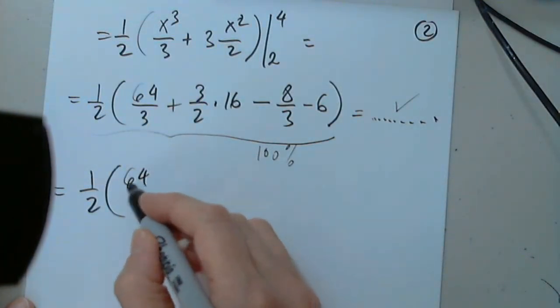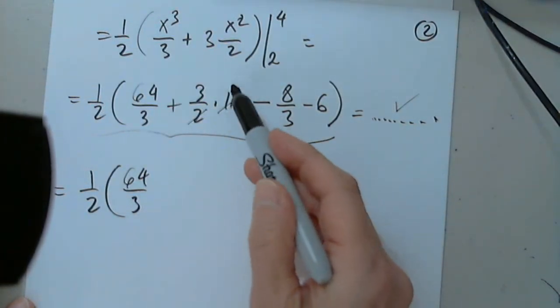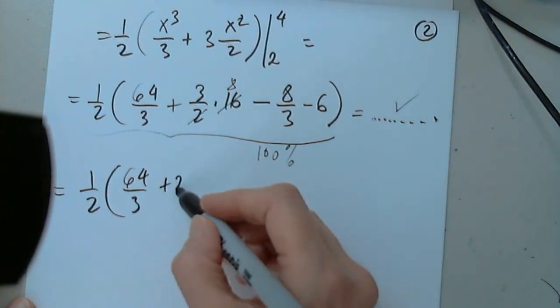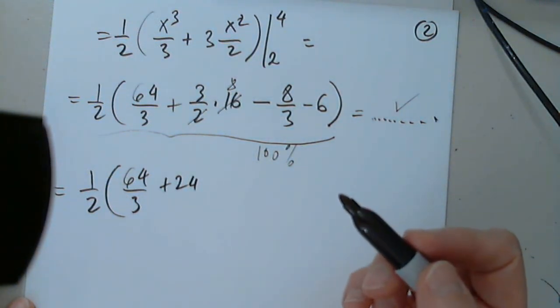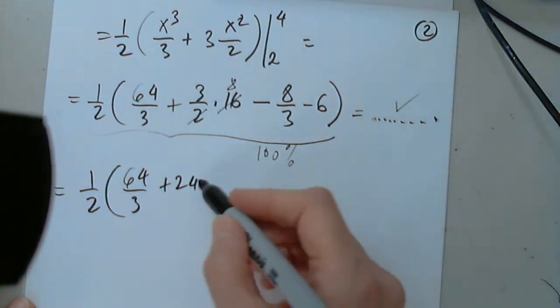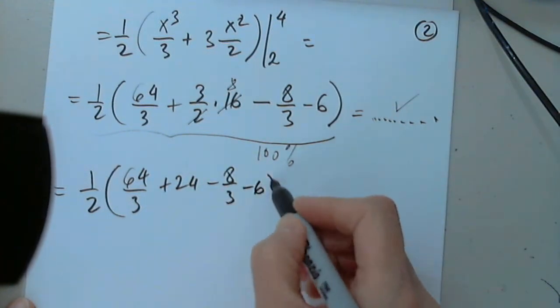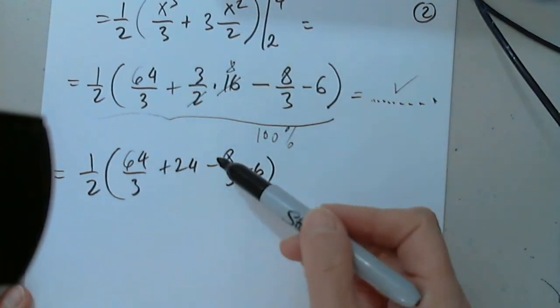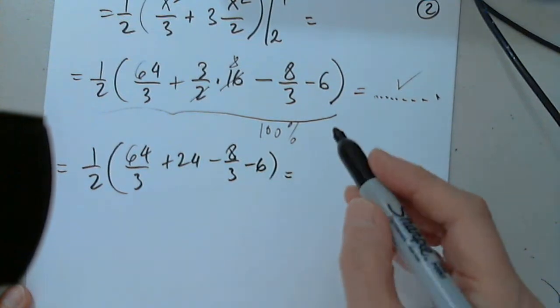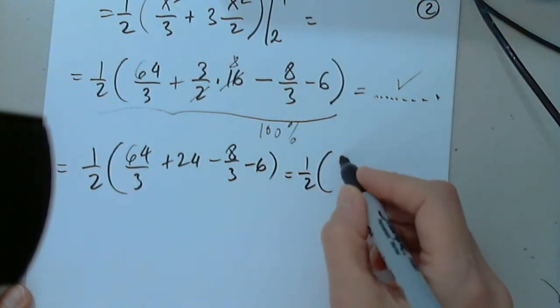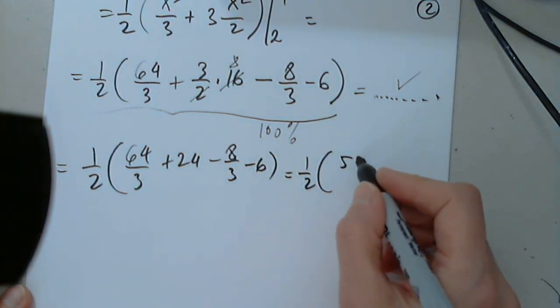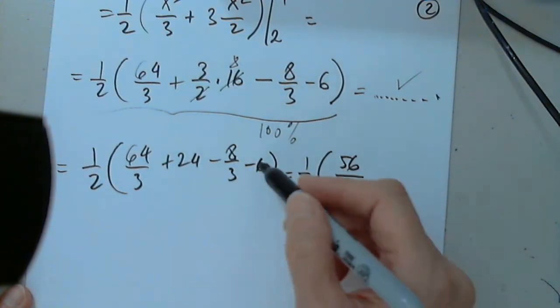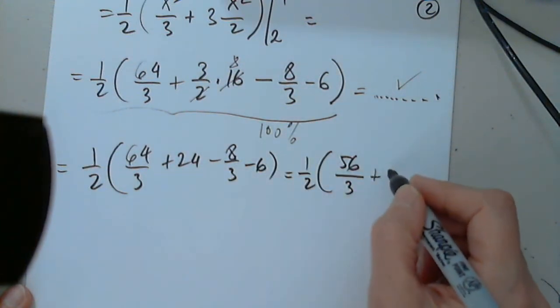Okay, I have a 64 over 3. I have a 24. I have minus 8/3 and minus 6. 64 minus 8, 56 over 3. 24 minus 6 is 18.